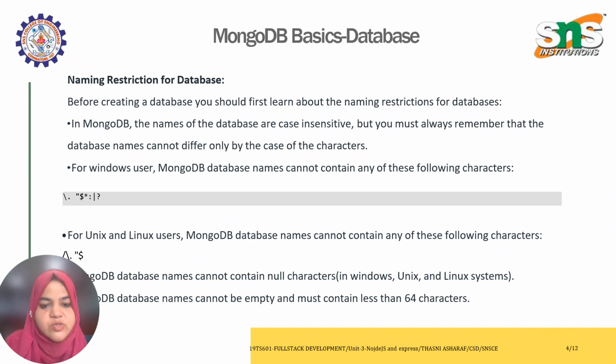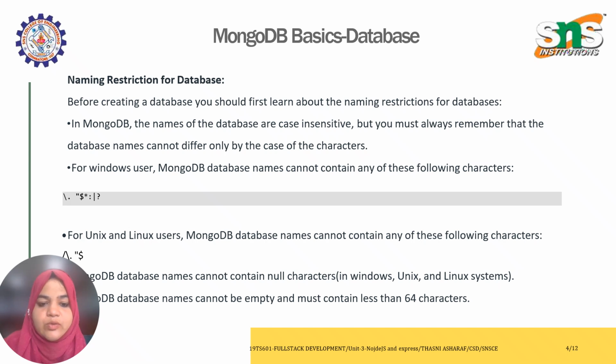Next one, the naming restrictions for a database. Before creating, you should first learn about the naming restrictions. Names of the database are case insensitive, but you must always remember that database names cannot differ only by the case of the characters.